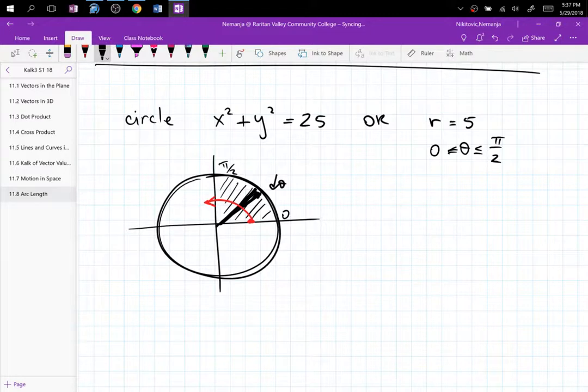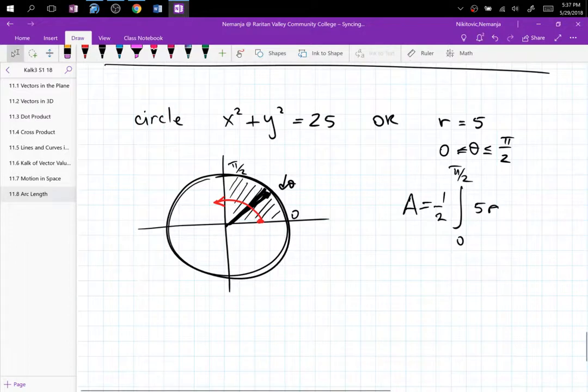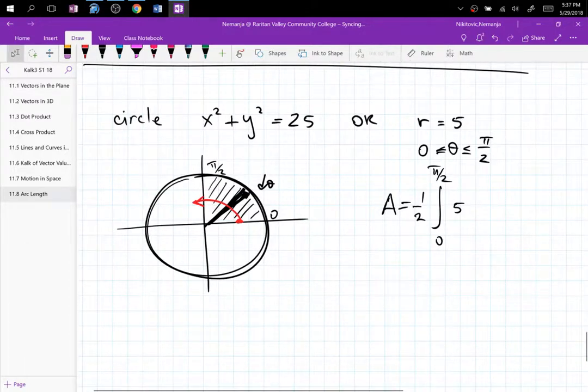So now, if I want to set up, let's say, the area over here, I'll have A equals 1/2 integral 0 to pi over 2 of 5 squared d theta. So this is going to give me the area of that one piece. It's a very simple calculation.